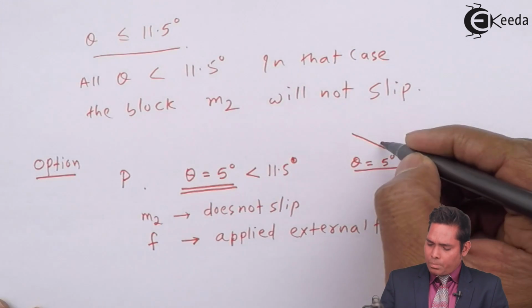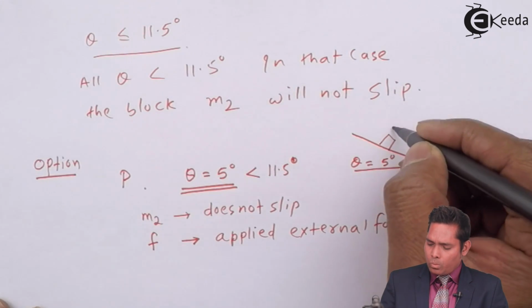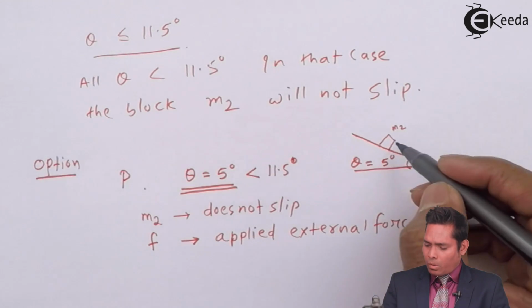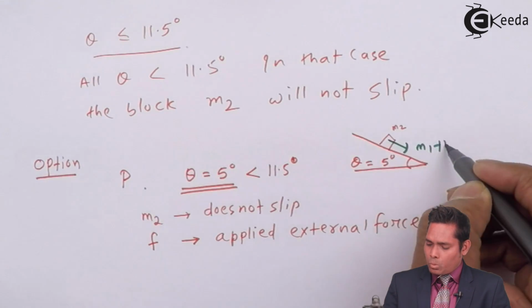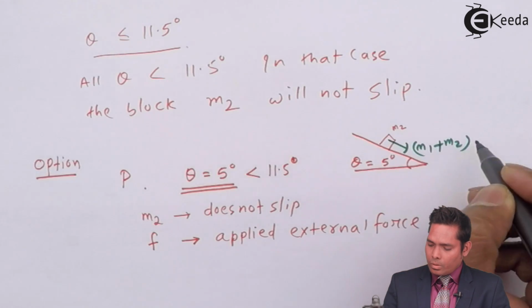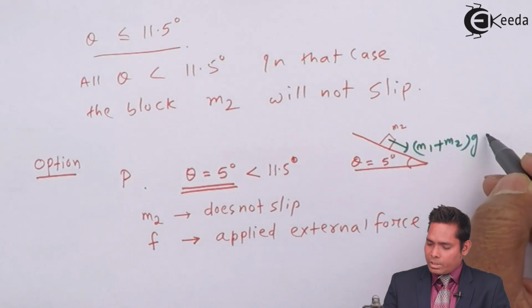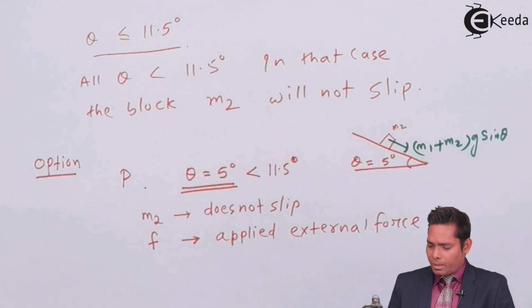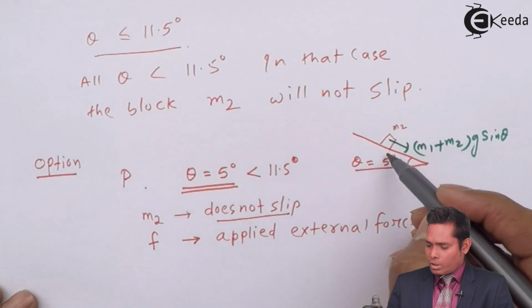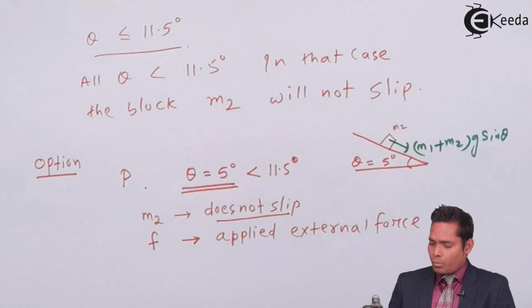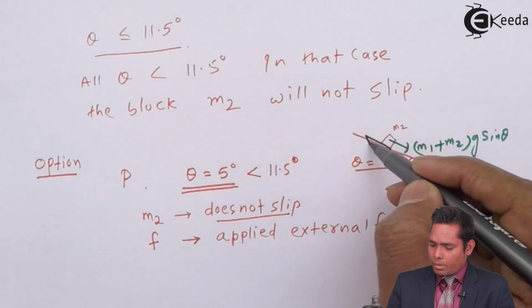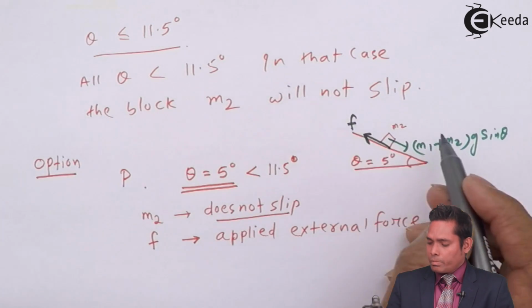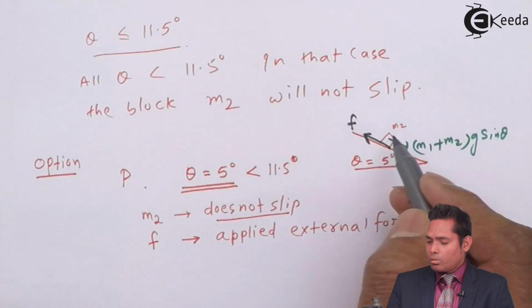If I only draw this block M2, it experiences the force that I have drawn there, that is M1 plus M2 g sine theta. If it doesn't slip, then the friction acting on it in that direction is obviously equal to this value. Under this condition only it will not slip.